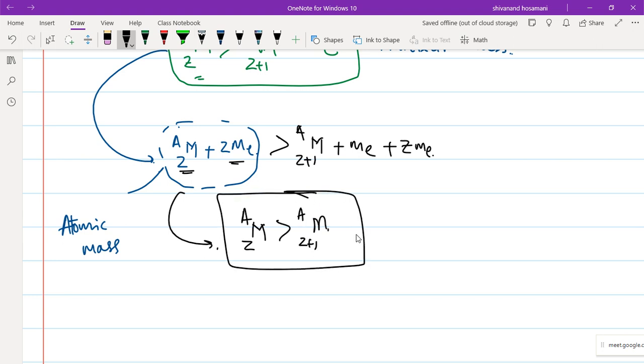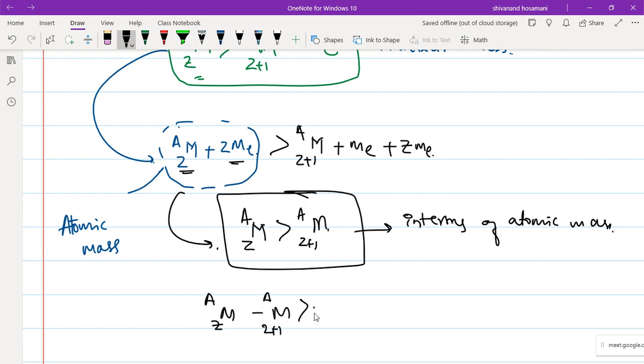So this is given in terms of atomic mass. Therefore, mass with A Z minus mass with Z+1 should be greater than 0. That mass difference between these two should be greater than 0.